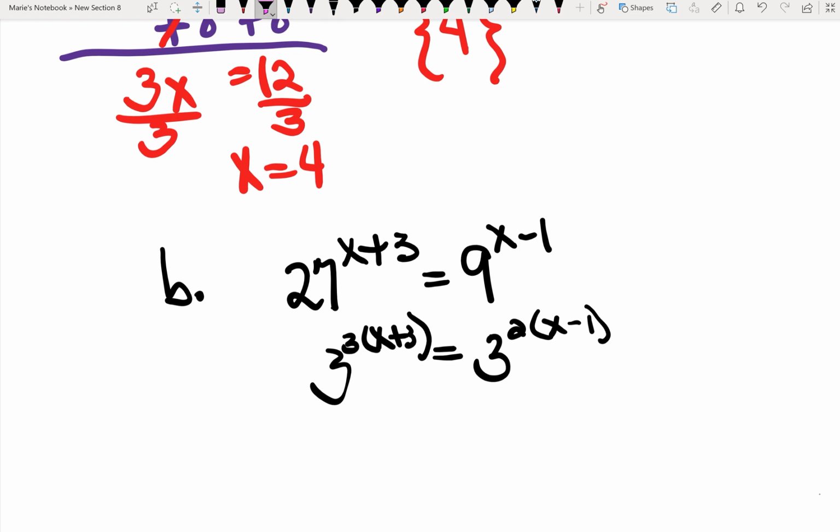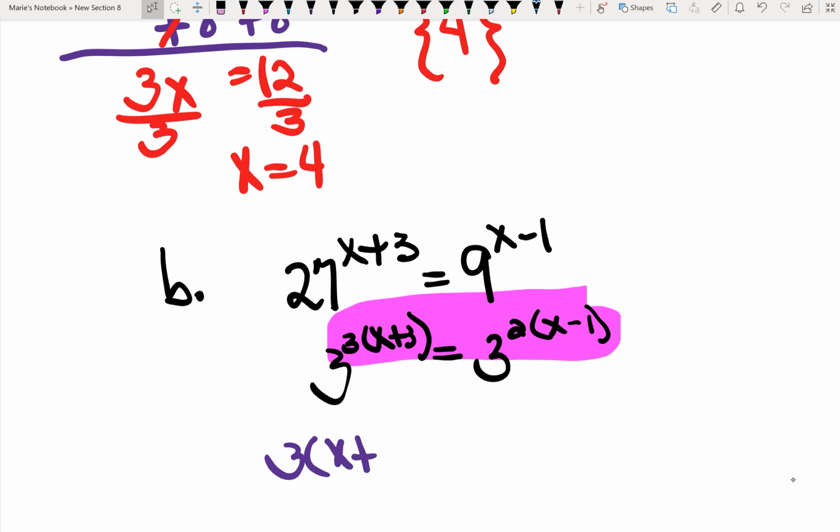Since now I have the same base, I'm going to focus on this top line, the exponents, and I'm going to set this and solve this. So this gives me 3 parentheses x plus 3 is equal to 3 raised to the 2. I'm sorry, I'm making a mistake already.